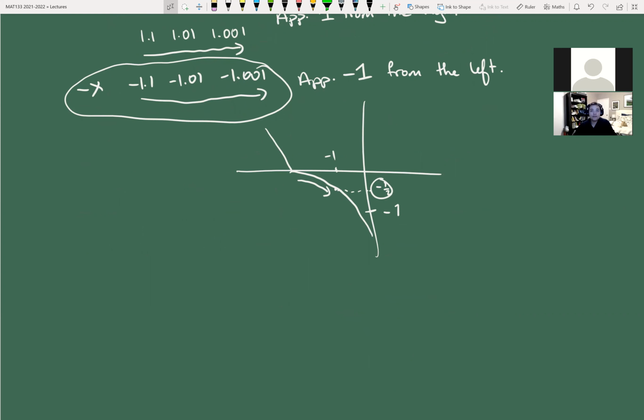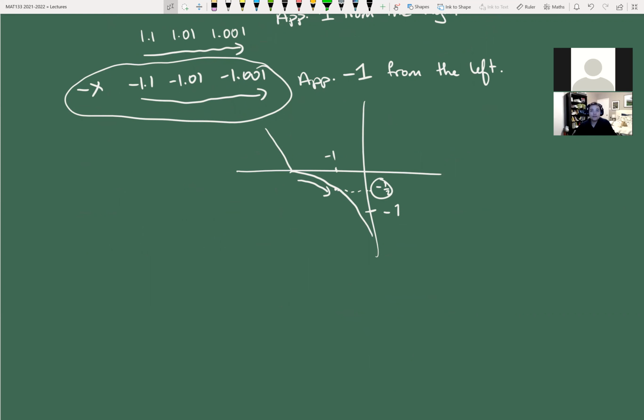Now when I take f of x equal to x times the absolute value of x, I'm going to replace the absolute value with -x. Does that make sense?